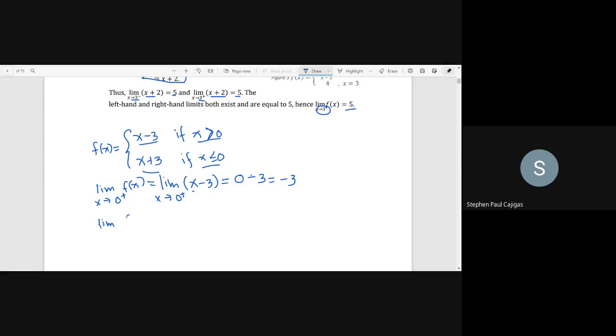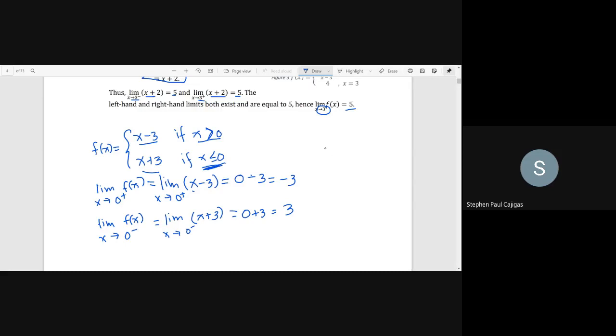Now, what is the limit of f as x approaches 0 from the left? From the left, meaning less than 0. So less than 0, so that is the second one. So we use the limit of x plus 3. So we would have 0 plus 3 which is equal to positive 3.